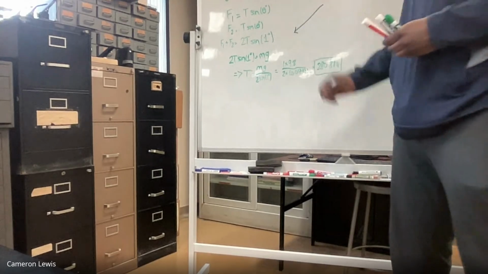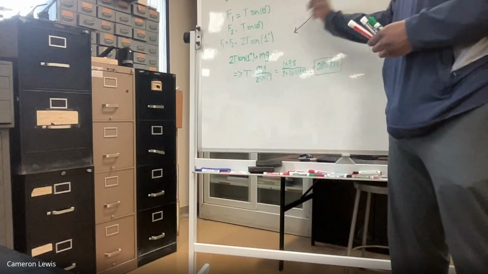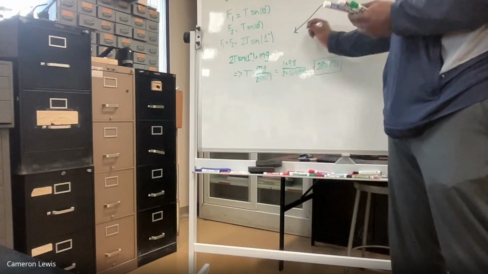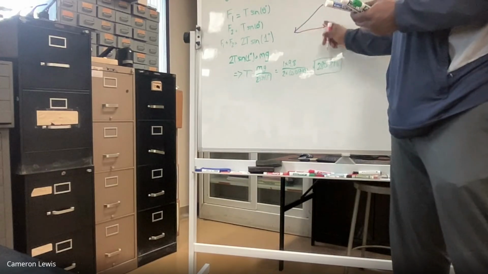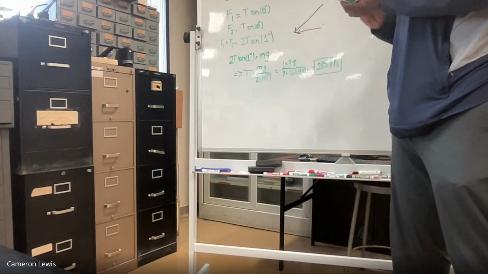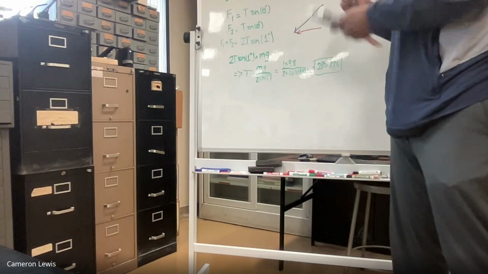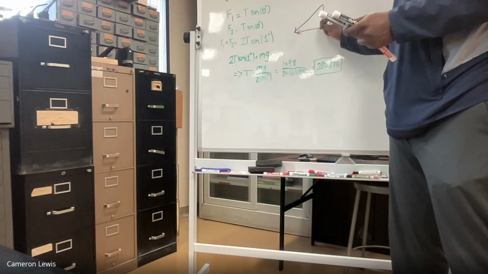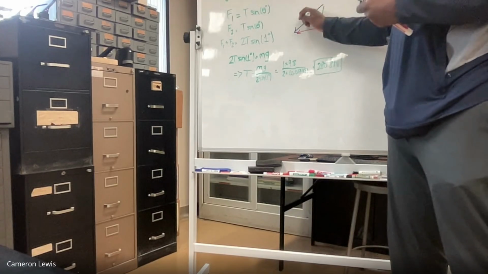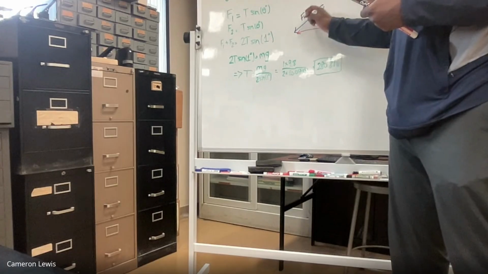So we go here, right? So say this is the cable holding it, right? It's made up of two vectors, a horizontal and a vertical. We know that this one really is the tension that comes from the cable, right?